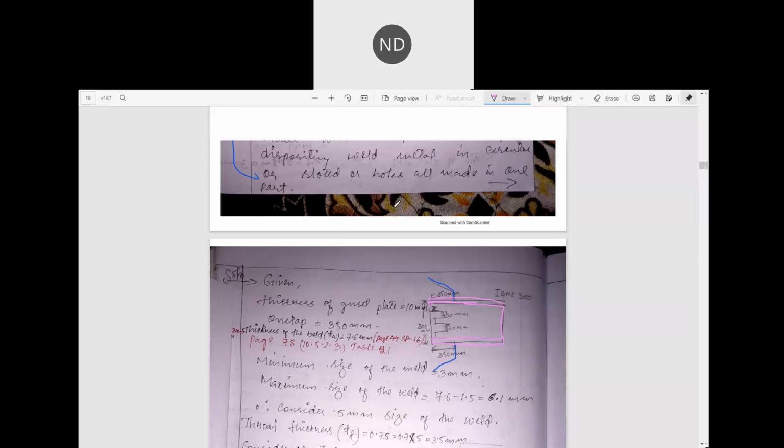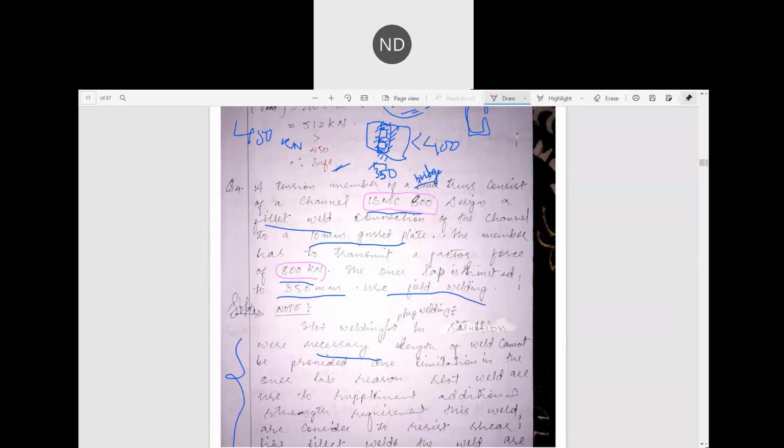The steel table book you will require, or I think the IS code also you will get, but mainly in the steel book you will get all the properties of this ISMC 300.